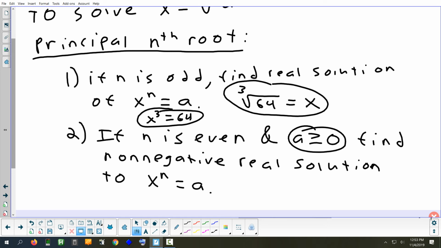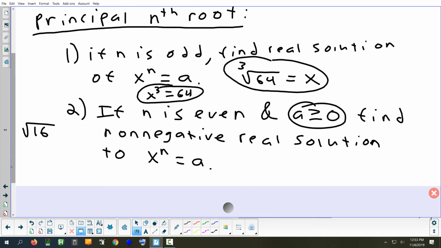So if I asked you to find the square root of 16, you're basically solving this equation: X to what power gives you 16? So I'm asking, what number can you square and get 16? And I want the non-negative answer. So what would that be in this case? 4.